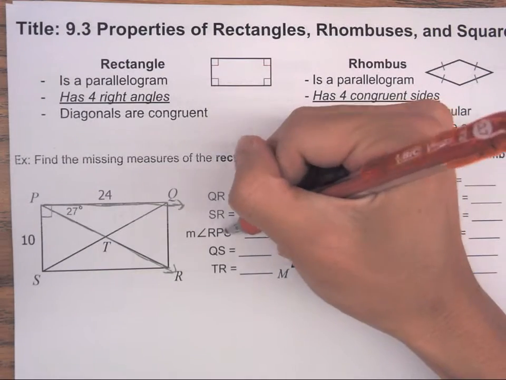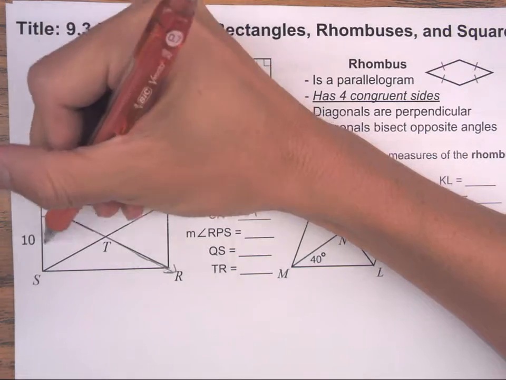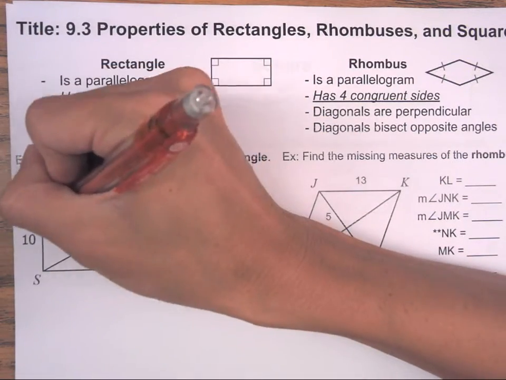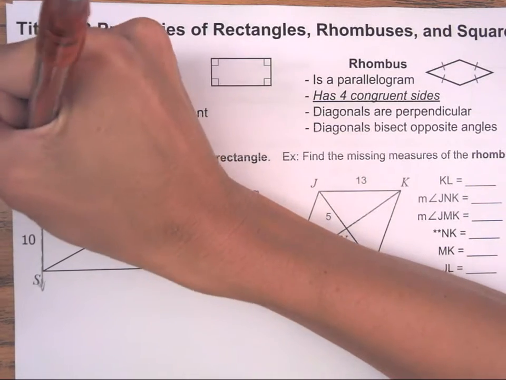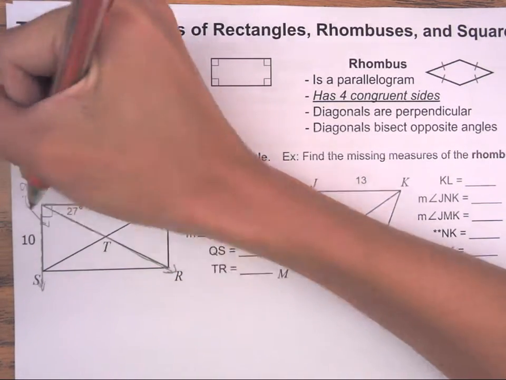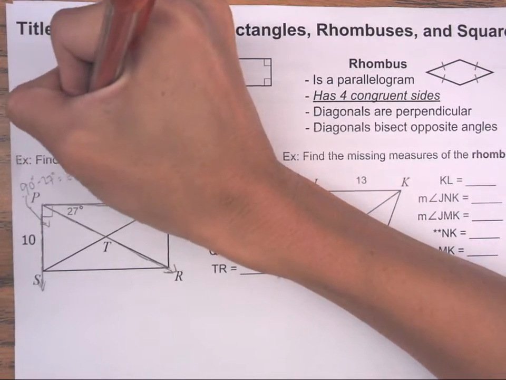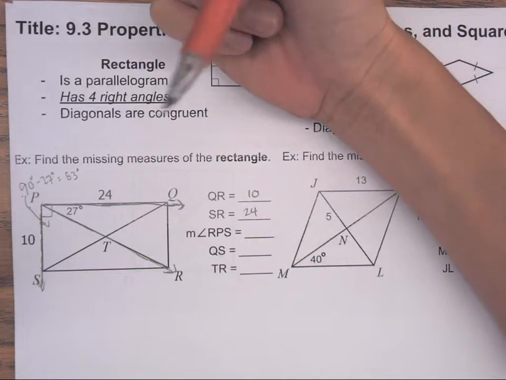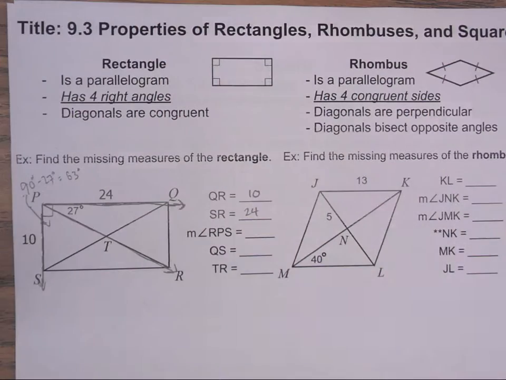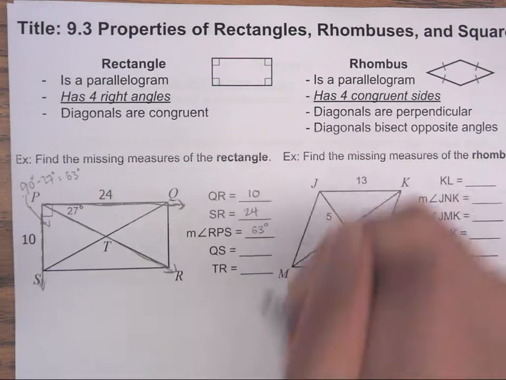If we want to find the measure of RPS, so we're finding this one here, this is just 90 minus 27, which is 63. The way I got that was because we know that a right angle is 90 degrees. So 90 minus 27 is 63. So the measure of RPS is 63 degrees.